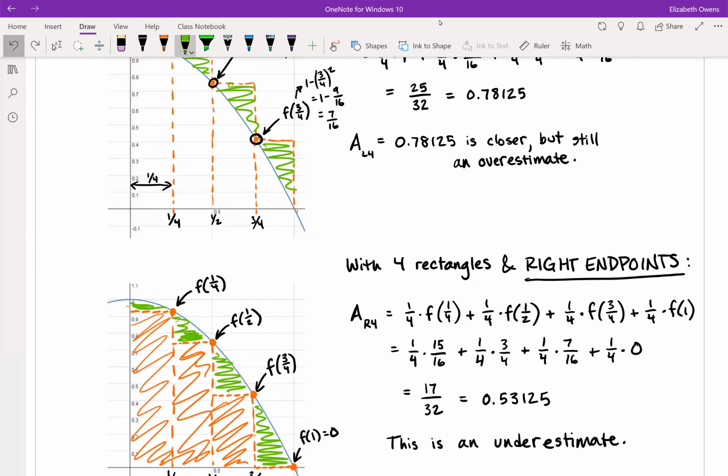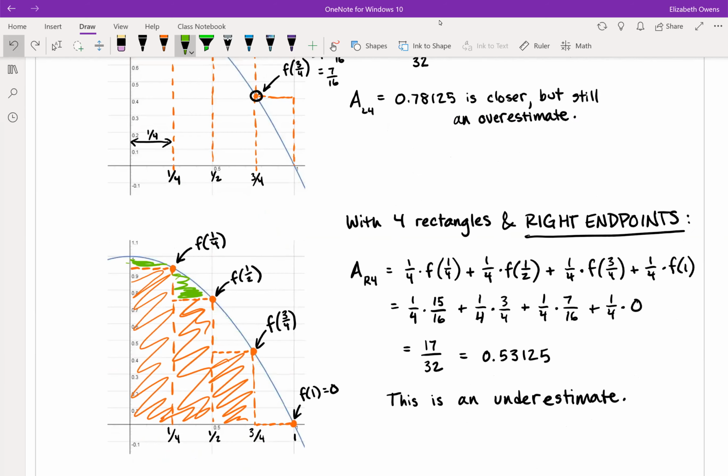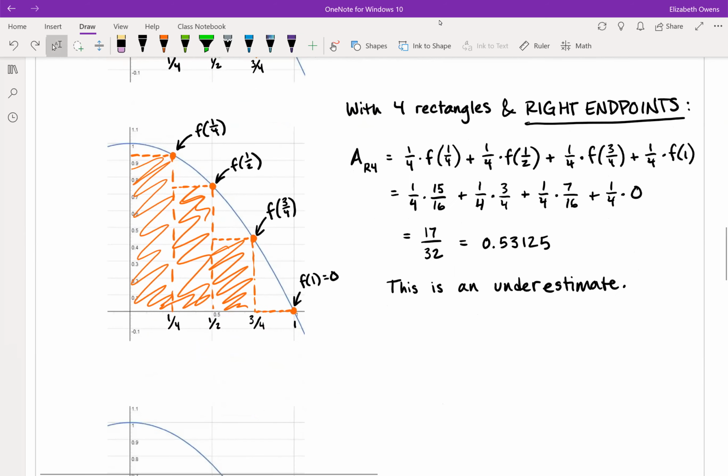So what to do? It's kind of an interesting thing here. We got an underestimate and we've got an overestimate. So we just know that the area is somewhere between those two values right now.